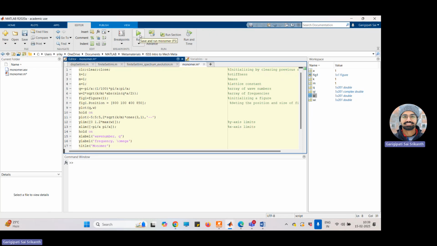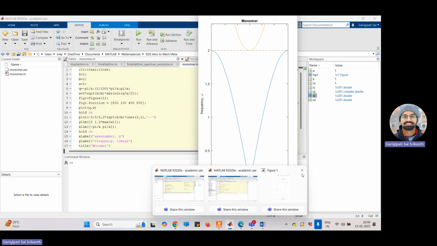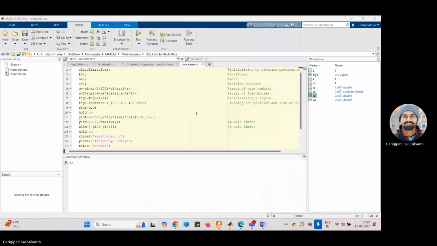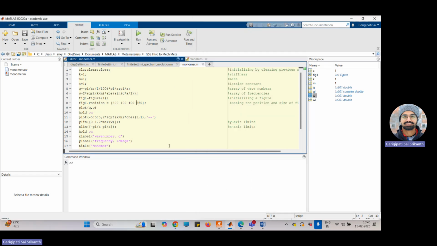Let's make 850 instead of 450. Yeah, see the height has changed. I can't access the window and close it like this. Yeah, one way is to close it this way. The other way is to just make it 450 again and run it.